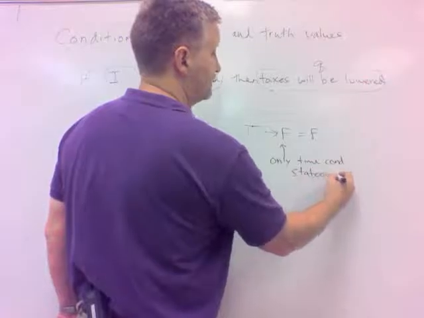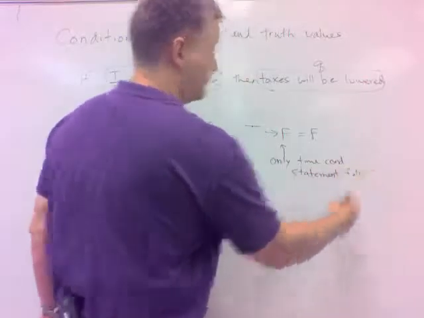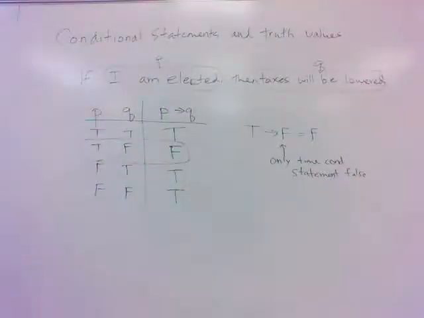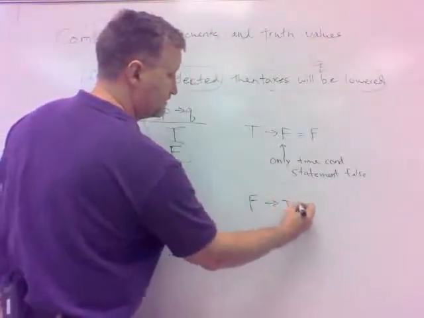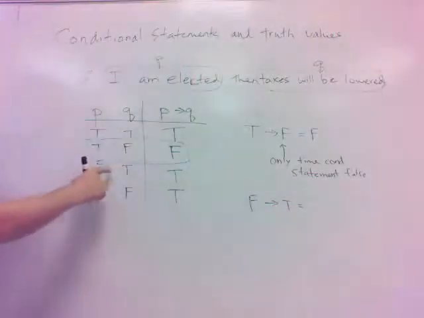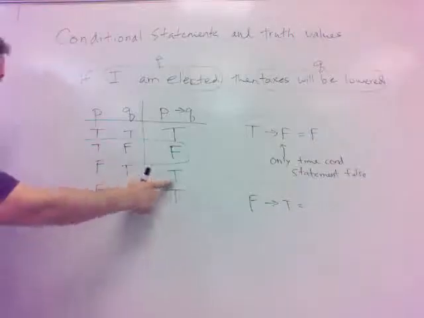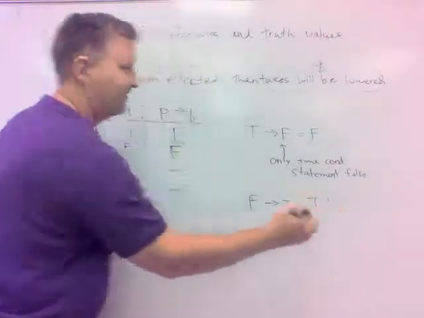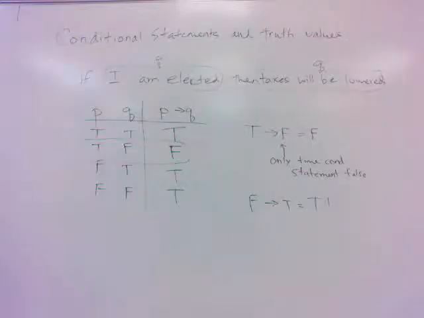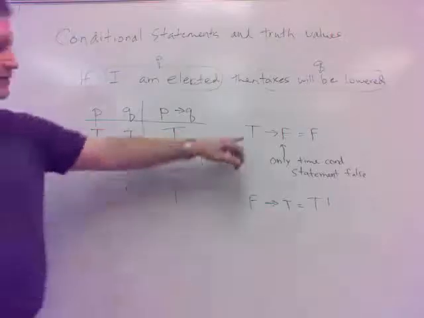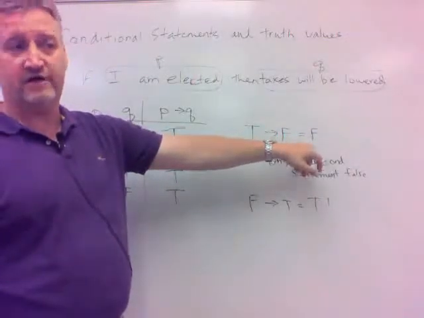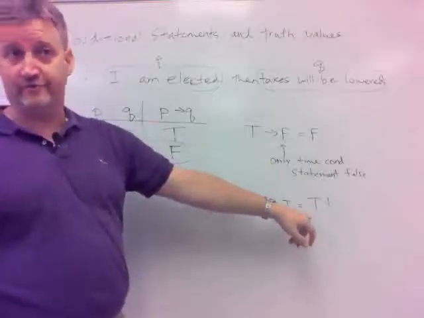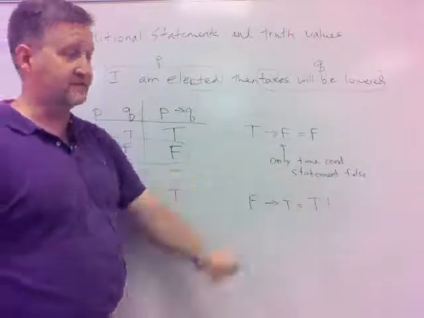It's T arrow F. Now, you have to be careful, because if it's F arrow T, is that one false? No, F arrow T is true. So if we reverse it, it's T arrow F. That's the order. The first part is true, the arrow to F, that's the one that's false. T arrow F. F arrow T is true. So if we reverse it, it turns out to be true.